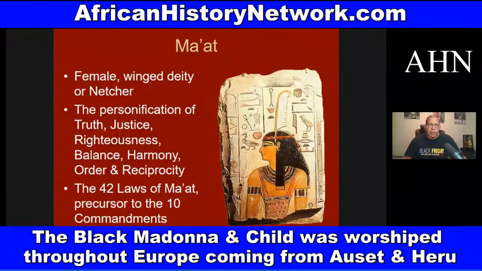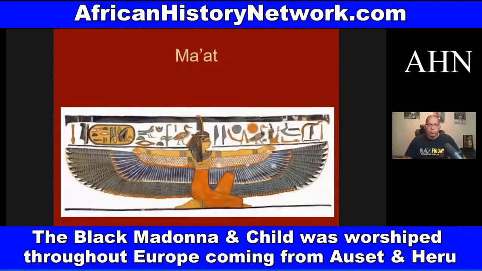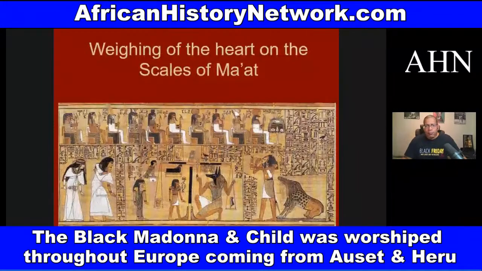Ma'at was depicted as a female deity with wings, and she had an ostrich feather in her headband. And you have the famous judgment scene. When you die, your heart was weighed against the feather of Ma'at, against the essence of a woman on the scales of Ma'at. Okay, that's the judgment scene.